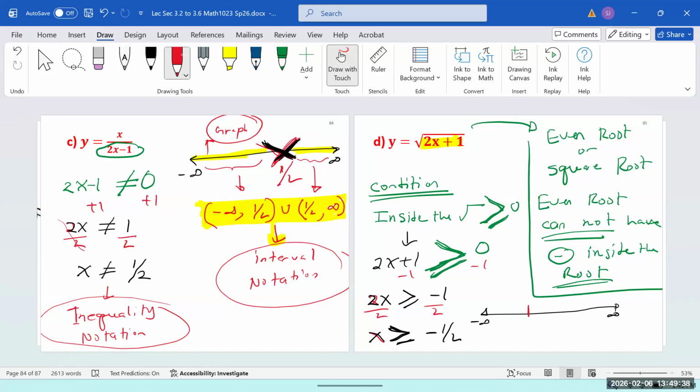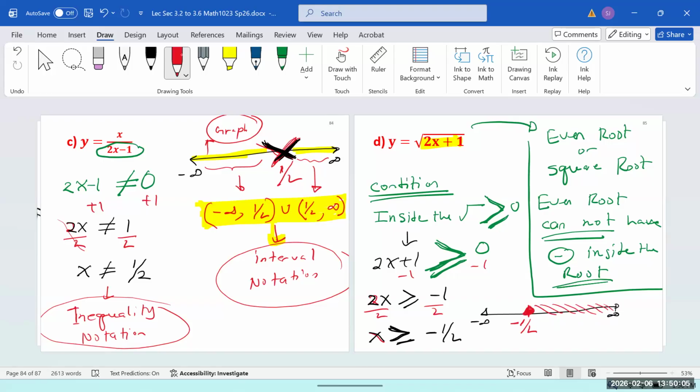So let's say our -1/2 is here somewhere. We are starting our journey from -1/2, and then you can substitute any number that is bigger than -1/2. So all these numbers we have here are bigger than -1/2.